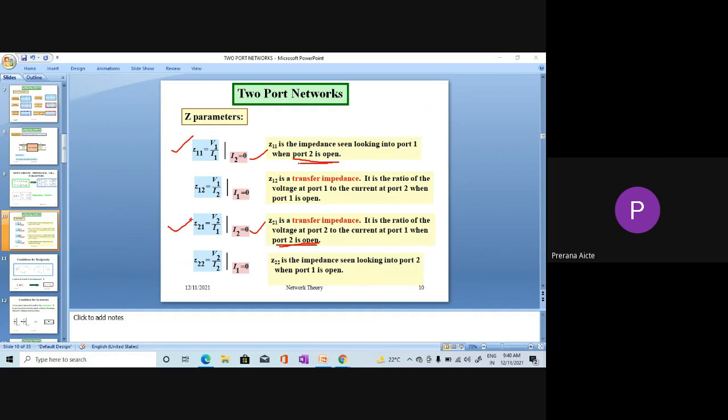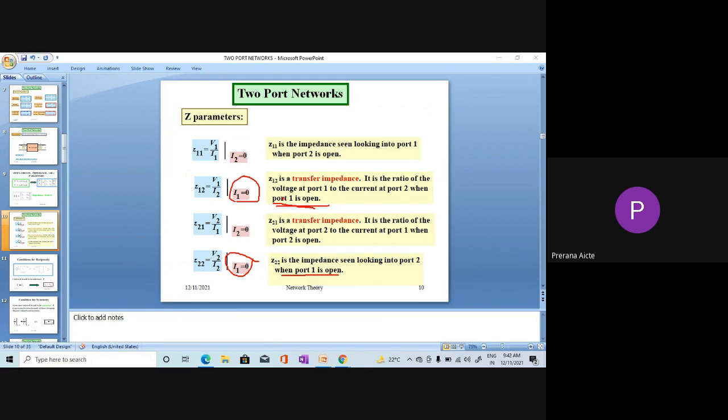Now if you open port 1, what are you going to achieve? This is port 1, subjected to I1. If you open port 1, I1 is going to be 0, because in an open circuit the current is 0, while voltage will be available across the terminals. That is very fundamental.